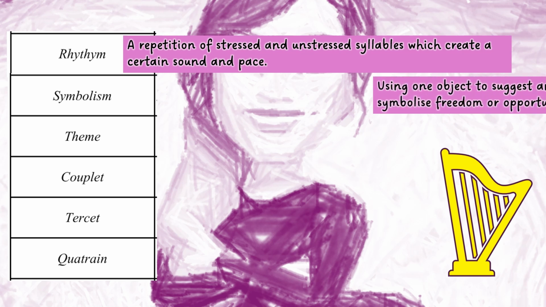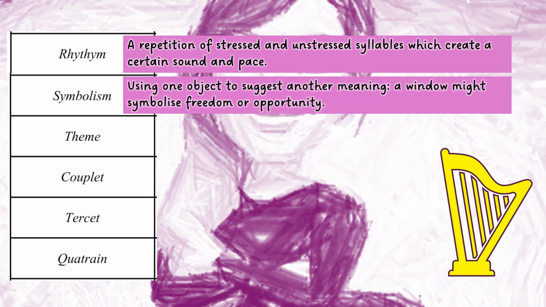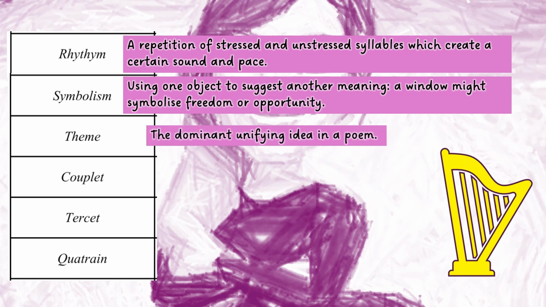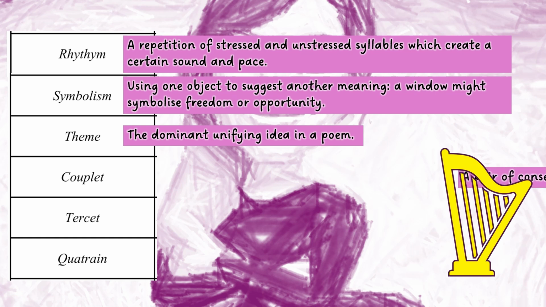Symbolism is using one object to suggest another meaning. For example, again, a window might symbolise freedom or opportunity. Theme. This is the dominant unifying idea in a poem. Couplet.